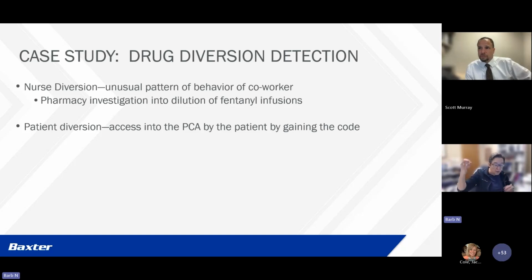So pharmacy got involved. They took down all of the narcotic infusions going on, and that day replaced them with new tubing and bags, and found out that indeed she had been diluting the medication here. So again, a new nurse using great thinking raised the alarm on this. They were able to hopefully get this nurse help, but definitely they were able to give safe patient care.